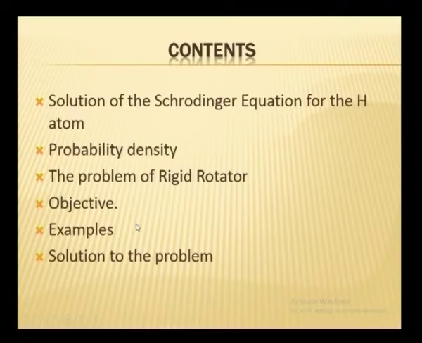And in this lecture the contents will be as follows: solution of the Schrodinger equation for the hydrogen atom, probability density, the problem of rigid rotator, objective, examples, solution to the problem.